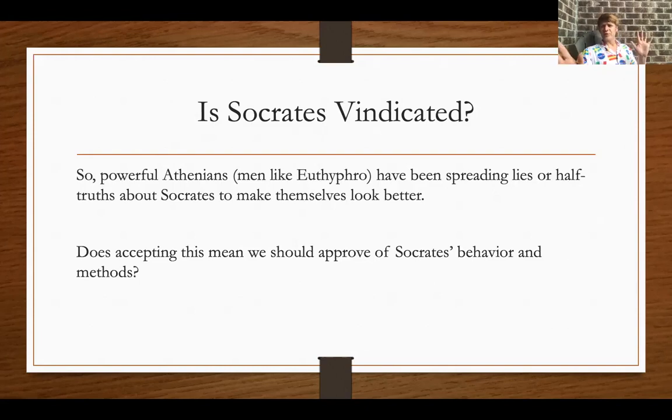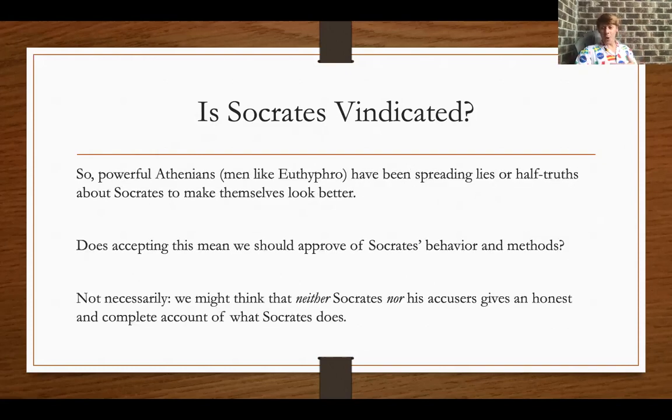Okay, so if we agree with that, if we agree that these guys don't understand Socrates, and Socrates is doing something a little different, does that mean that we have to accept Socrates' methods and behaviors? Well, no, right? We might reject Socrates' method.